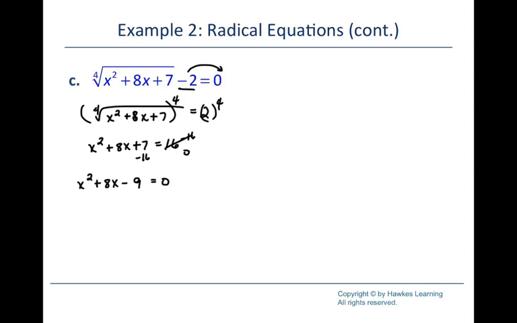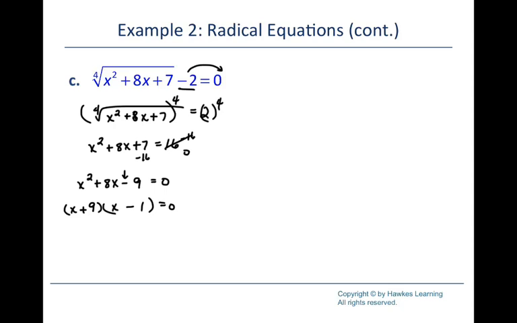Okay, we're going to see if we can factor it. This sign being negative tells me I have a plus and a minus in my factor. X times x will give me x squared. And so positive 9 and -1 will multiply to be -9 and add to be positive 8.